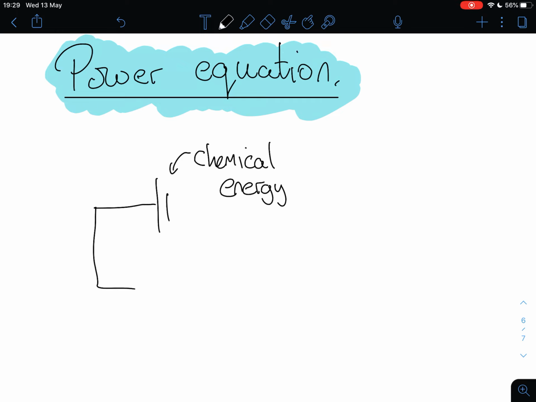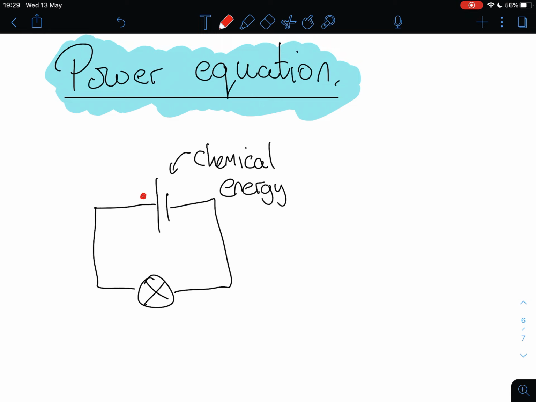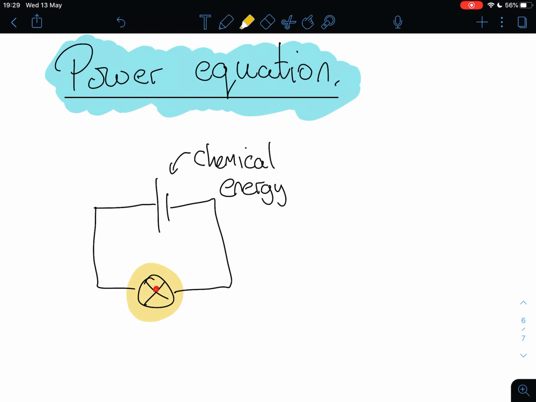And if I was to plug that into a light bulb, you hopefully will have no issue in knowing that the electrons are going to carry that energy from the cell, drop it off to the light bulb, and the light bulb's going to turn it into light energy, and off it goes. Loads of heat, and it's going to carry it away. So when we talk about power, we're asking ourselves, how much energy every second?